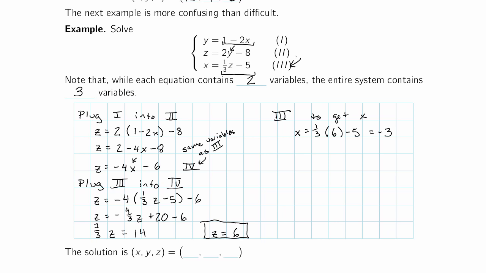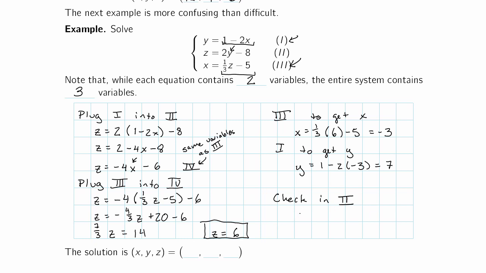Looking at 1 and 2, it looks like 1 is going to be the easier way to get y. Then I'll have y is 1 minus 2 times negative 3, and that'll work out to 7. So I've used 3 and 1 to get my remaining variables. I need to check in 2.